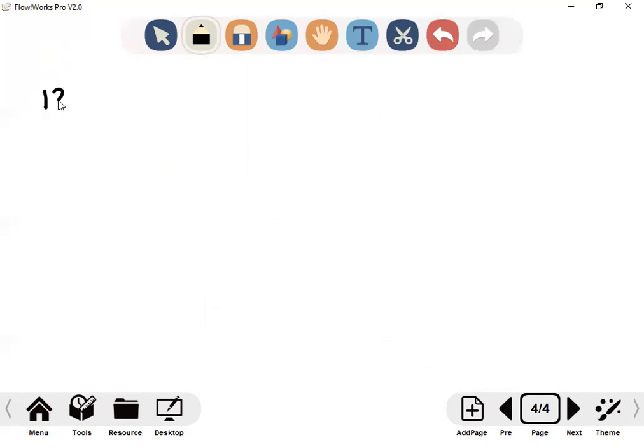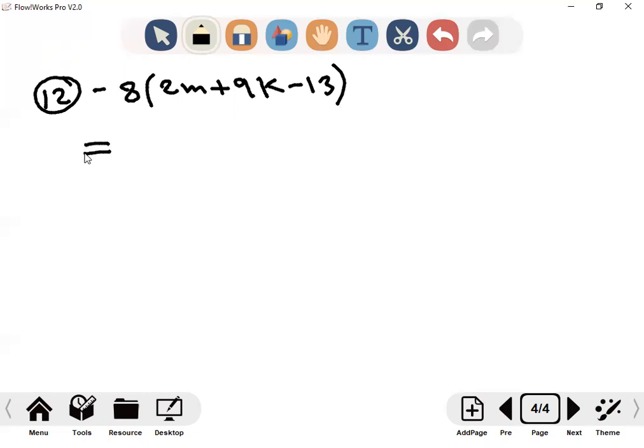Question 12, guys, in the line, please copy with us. Let's write the expression, please. Negative 8 bracket 2m, 9k, minus 13. Which one is the answer of it? The simplification. Let's find it, then select. First find and select. Here we distribute the negative 8 by 2m, by 9k, and what?